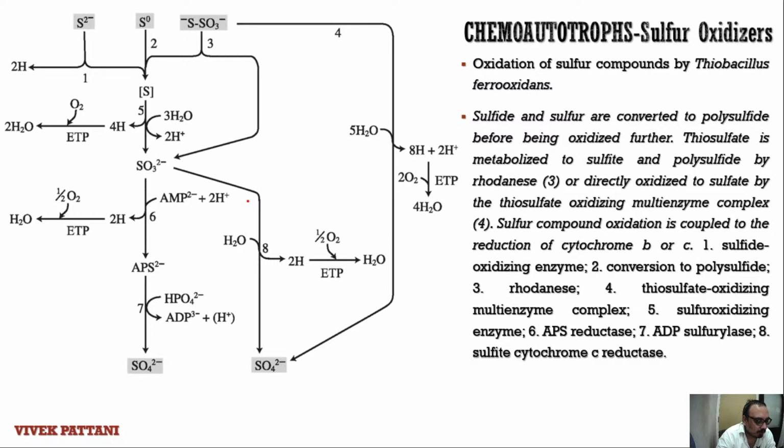The second example is Thiobacillus ferrooxidans, which has a pH of about 2 to 6. These use sulfides and elemental sulfur, and they are facultatively autotrophic.